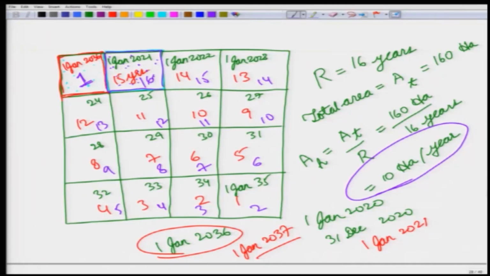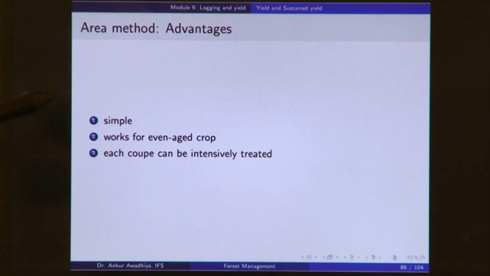On 1st of January of every year, you will have an area of 10 hectares that you can fell on that day, and this can continue till infinity. So, you can perpetually extract from this forest an area of 10 hectares every year. So, this is the area method.